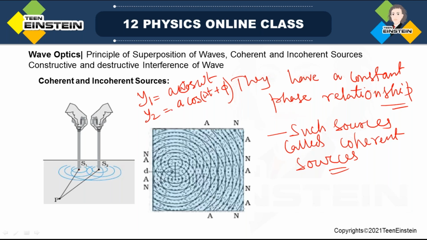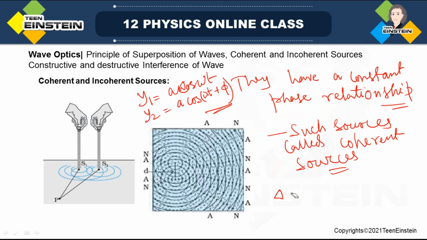Wherever they meet, whether they meet at P or Q or wherever, the phase relationship remains the same. According to the path they travel, the phase difference is defined as d phi.